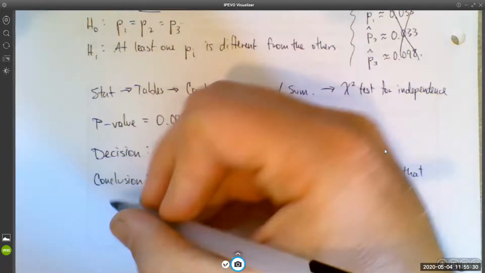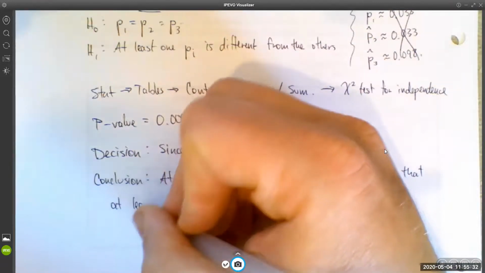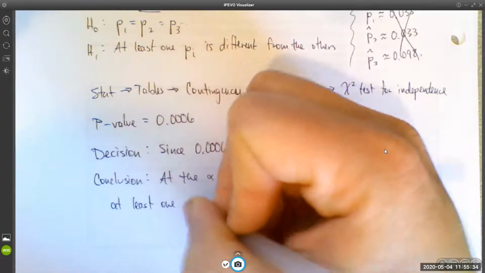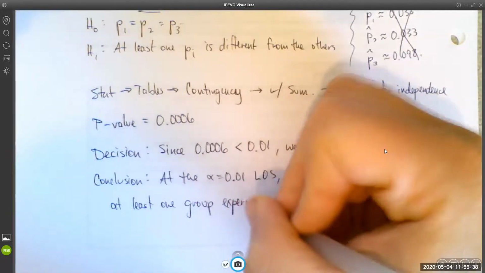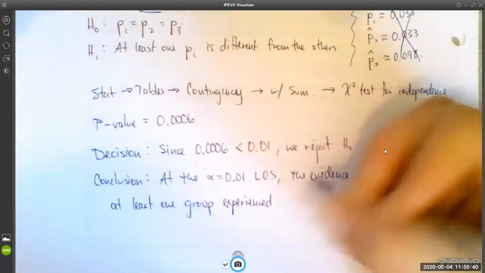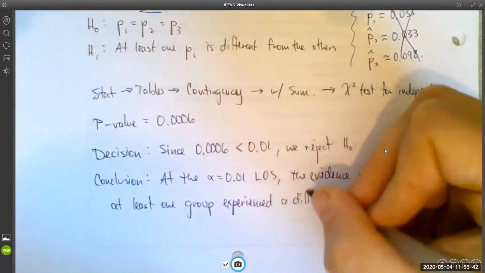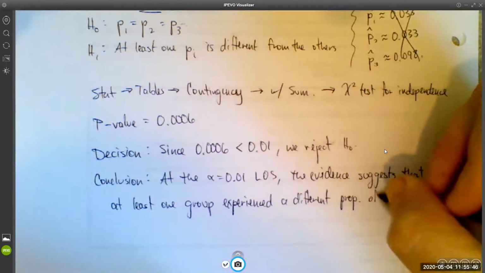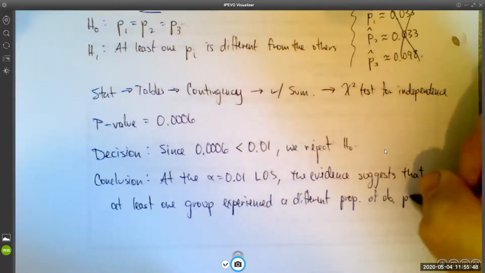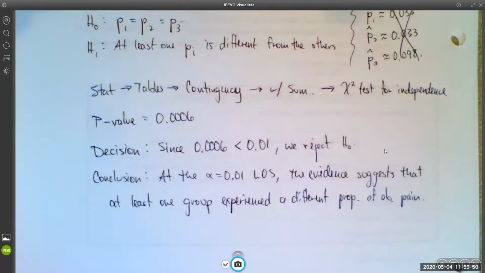That at least one group experienced a different proportion of pain. Okay, there we go. That would be a good conclusion.